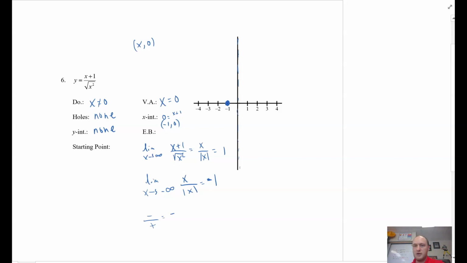And I know that for my end behavior we have horizontal asymptotes at +1 and at -1. So as x goes to infinity, I have a horizontal asymptote here. And as x goes to negative infinity, we have a horizontal asymptote.